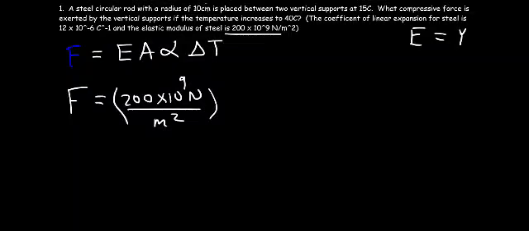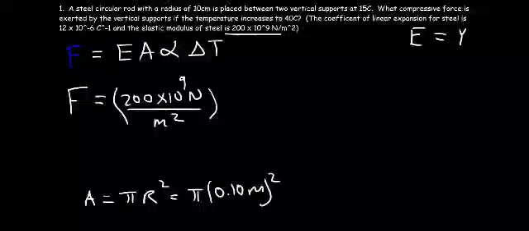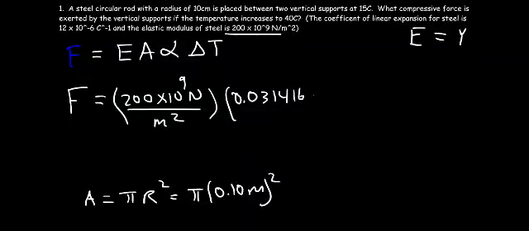Now to calculate the area, we have a circular rod, so the area is going to be pi r squared. So that's pi, and 10 centimeters is 0.10 meters if you divide it by 100. So 0.1 squared times pi will give us an area of 0.03416 square meters.